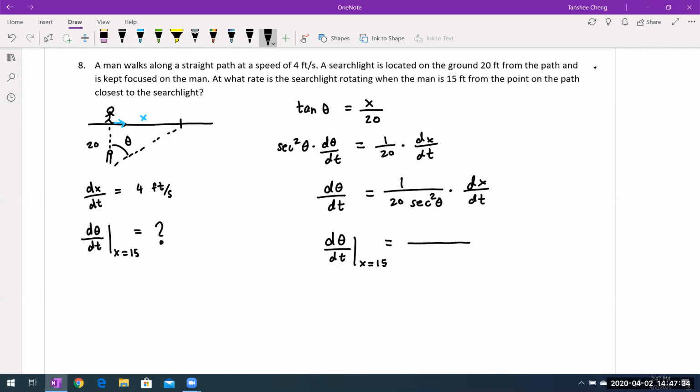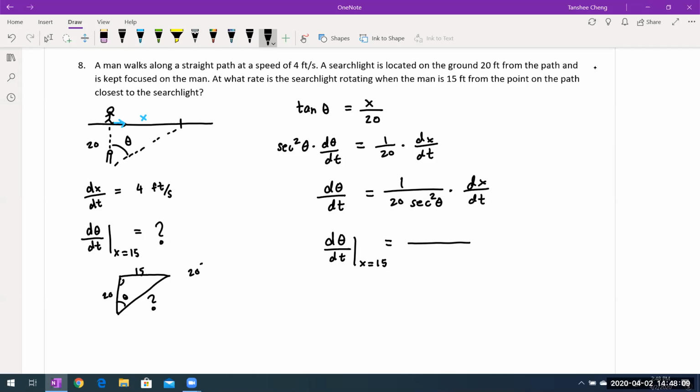The easy part is we can plug in all the values, however, we need to know how to find the secant squared. So we need to go back to the picture and look at that instantaneous case, where this angle theta is formed by the sides 20 and 15. I need to find this value so that I can use the ratio to find secant theta.